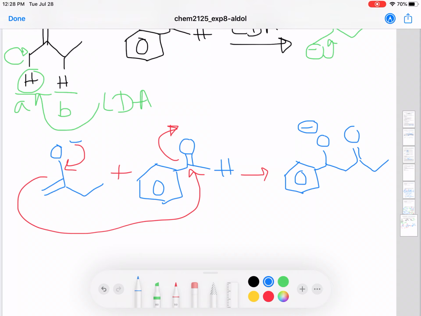And then this will grab the hydrogen to form the OH group. LDA will be protonated now. Remember the hydrogen, LDA takes from here. So oxygen will take that hydrogen back. Okay, and then LDA will become protonated.